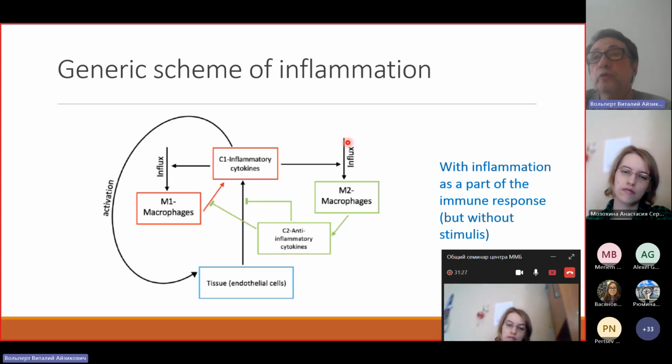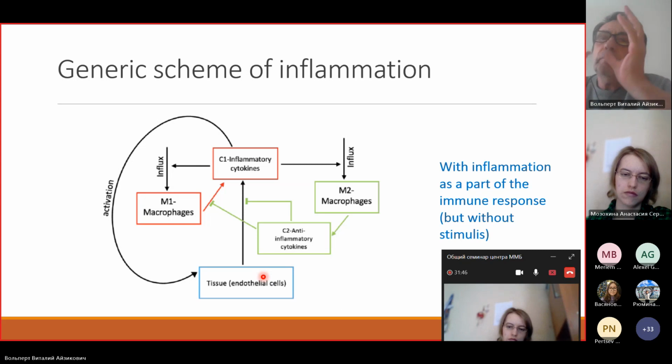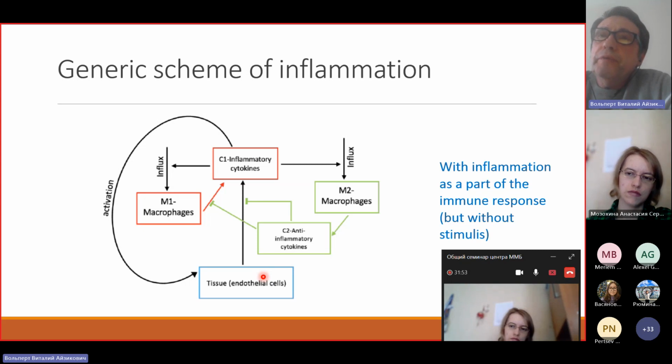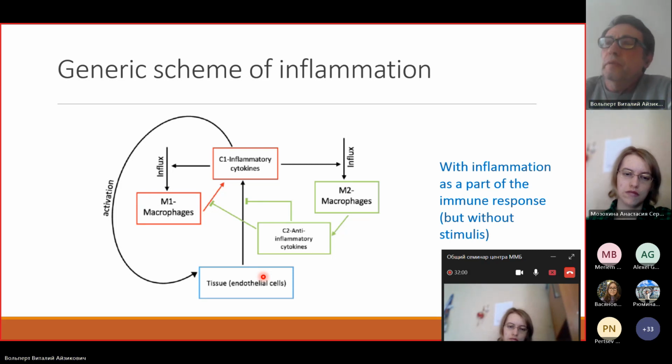On the other hand, they also initiate influx of anti-inflammatory macrophages M2, which produce anti-inflammatory cytokines. These anti-inflammatory cytokines down-regulate production of inflammatory cytokines by macrophages and by the tissue. This is really, in some sense, the center of all these processes which we are going to discuss, and to some extent of all these inflammatory processes.